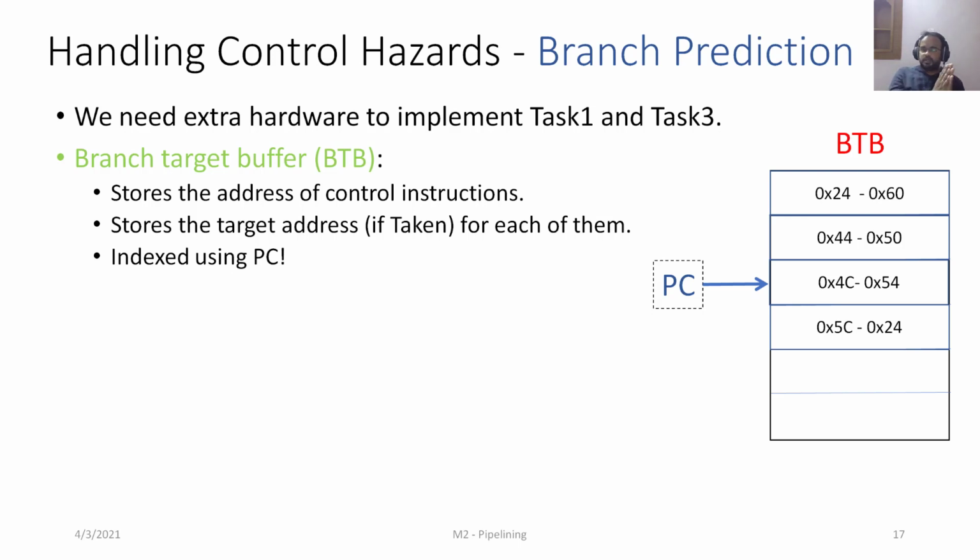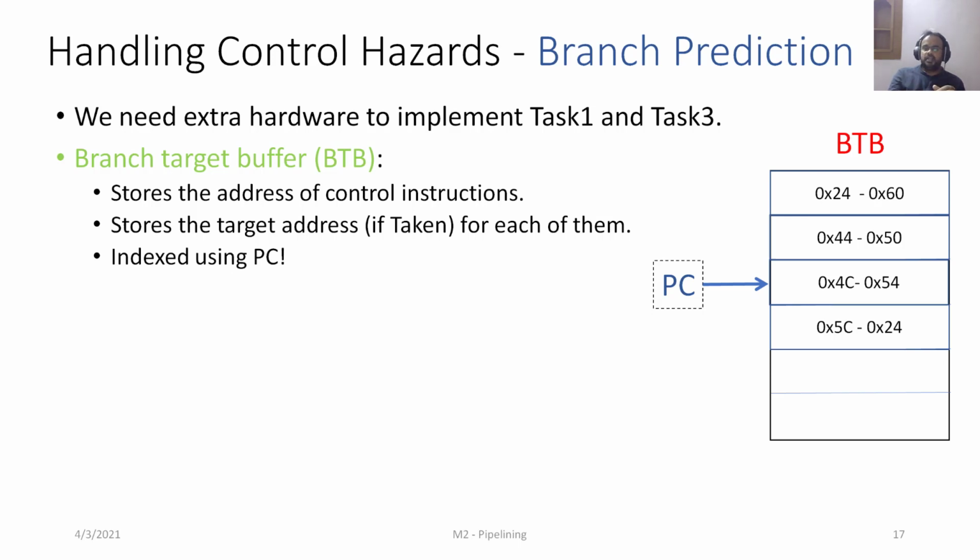So when we start executing a program, the BTB is all empty, and as and when we execute a branch instruction, the BTB gets populated with the instruction's PC and the target. The next time the same instruction is fetched, we use the PC and check the BTB if there is an entry or not.